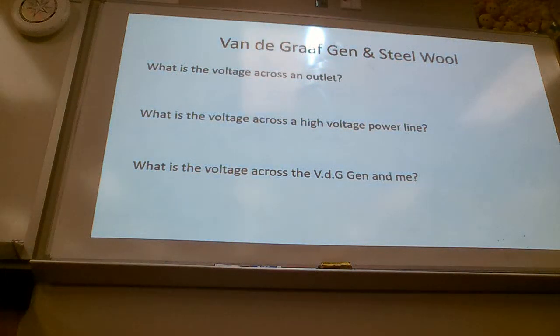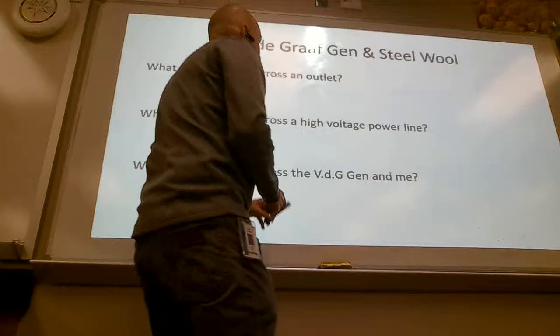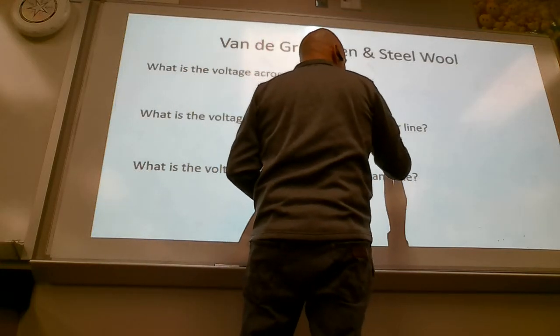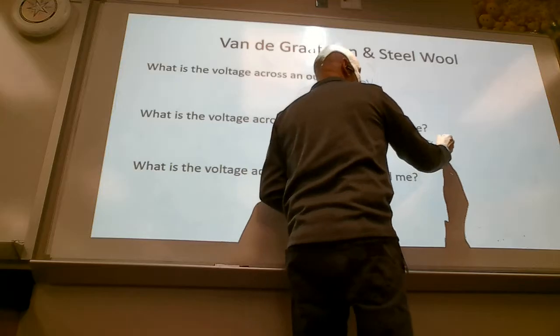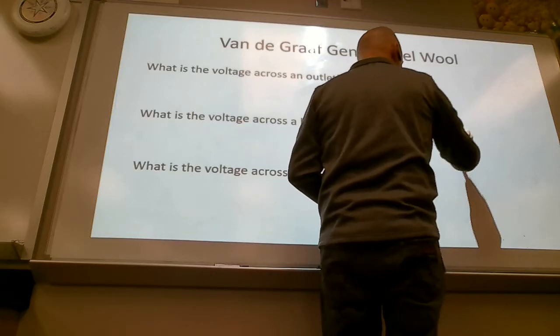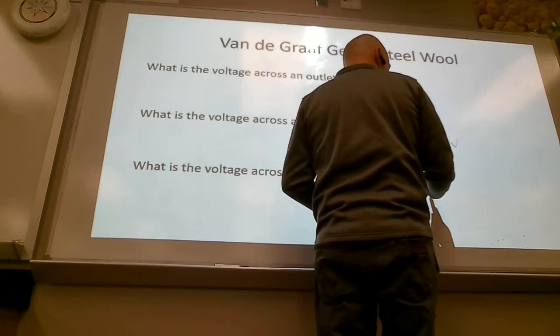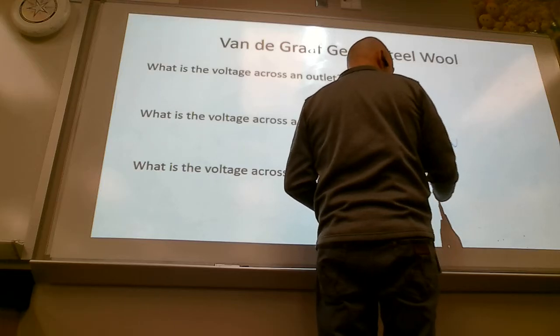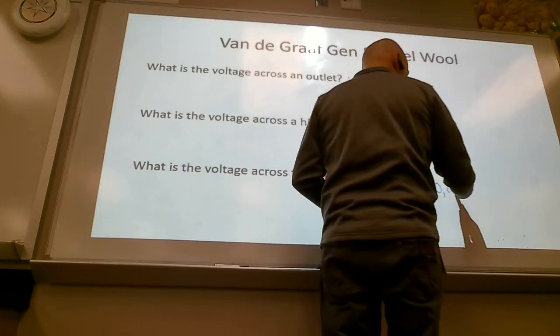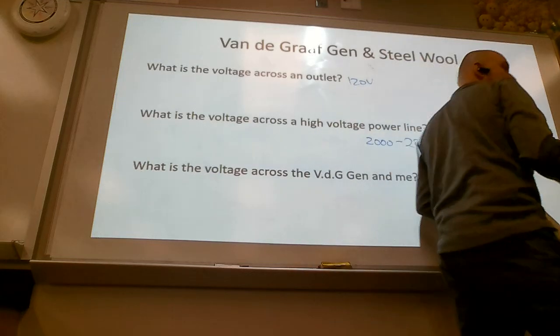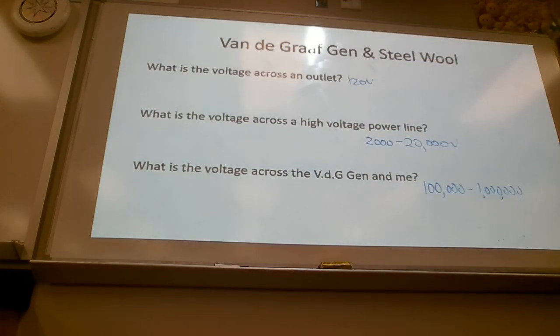Alright, so we had 120 volts from the outlet, between 2,000 and 20,000 volts for the first thing, and this is hundreds of thousands to a million, somewhere in there.